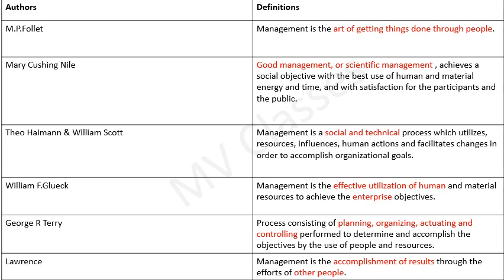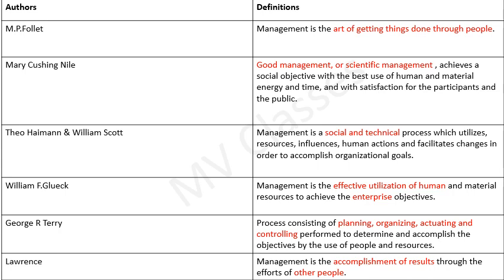Theo Haimann and William Scott. He said that management is a social and technical process which utilizes resources, influences human actions, and facilitates changes in order to accomplish the organizational goal. Mainly, Haimann said that management is a process that includes planning, controlling, coordinating, motivating, and staffing.